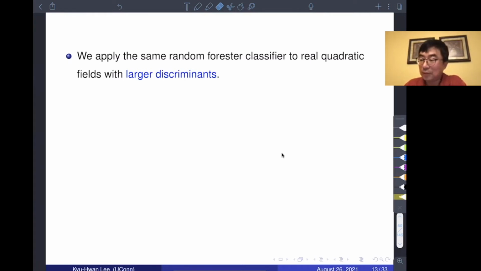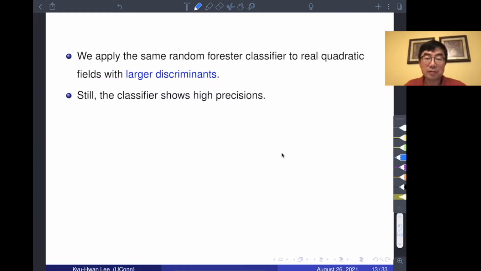So we applied the same random forest classifier trained by the data set to real quadratic fields with larger discriminants. And then still the classifier shows high precisions. So that was also surprising.